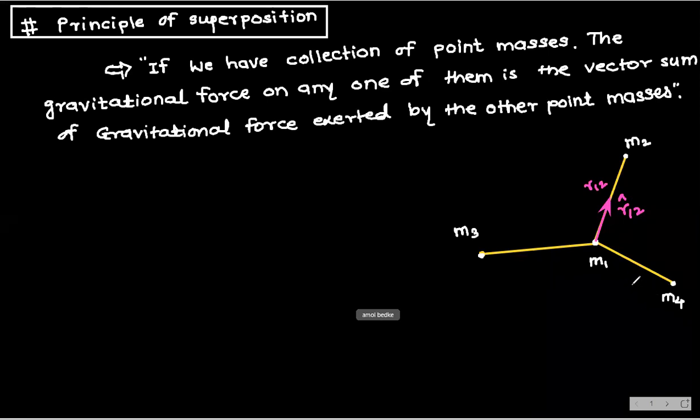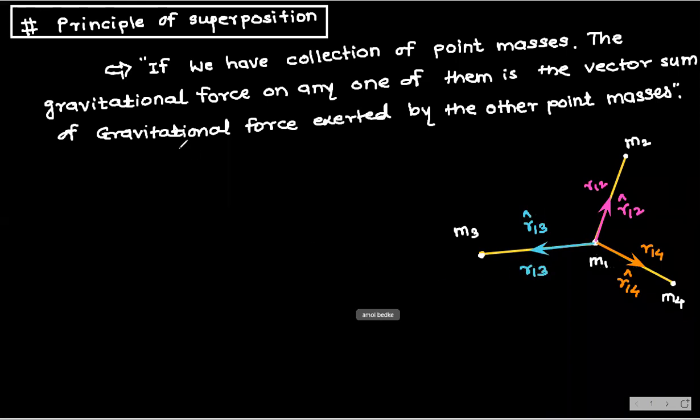Now tell me, in 1 and 4, what will you get? In this direction is the unit vector r14 cap, and this is the r14 distance. Similarly, this vector is r13 cap, and the distance is r13.